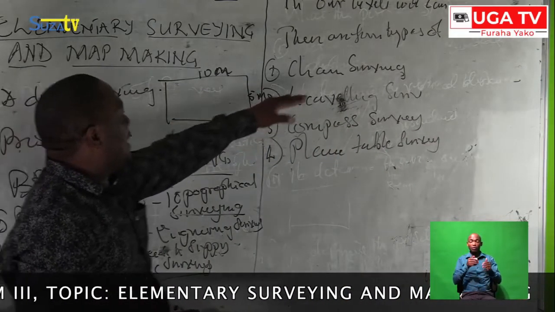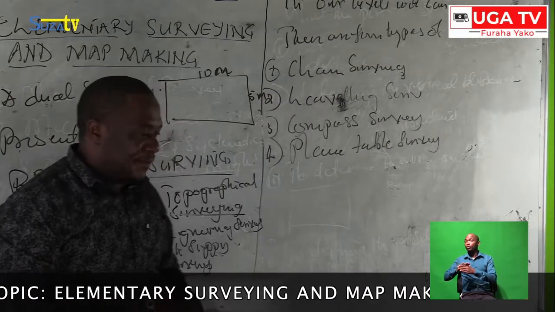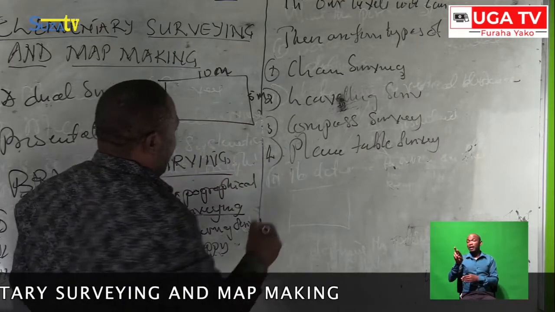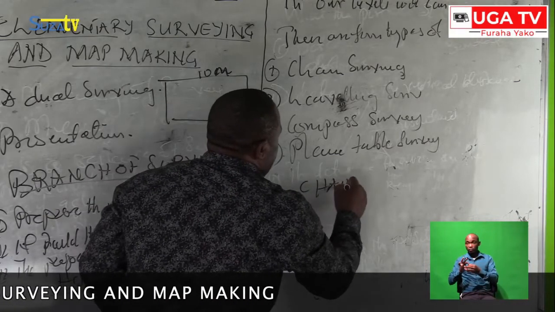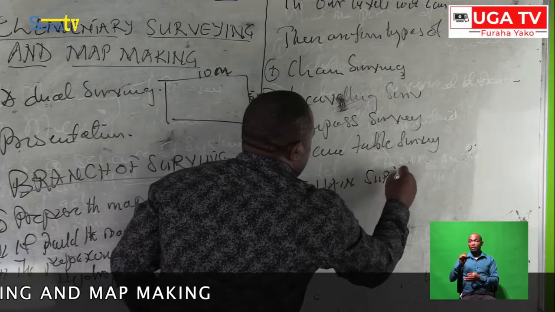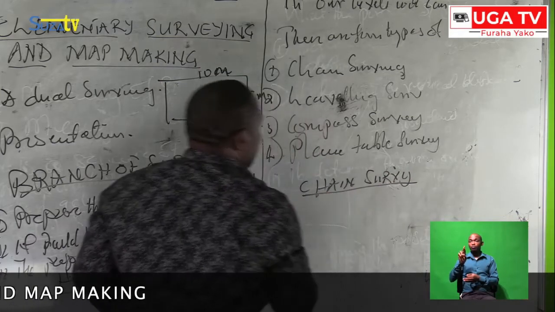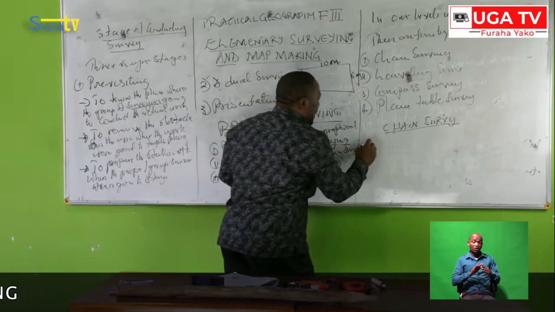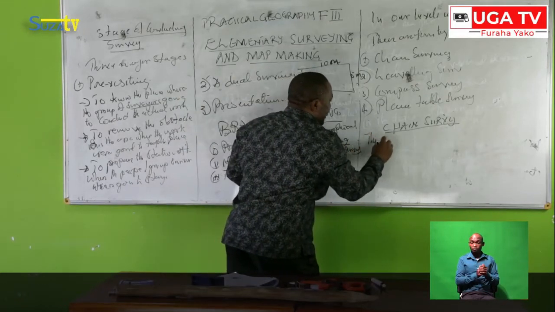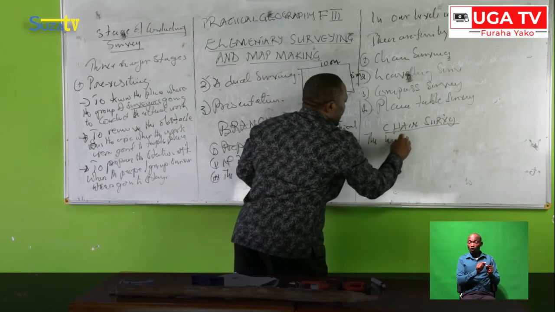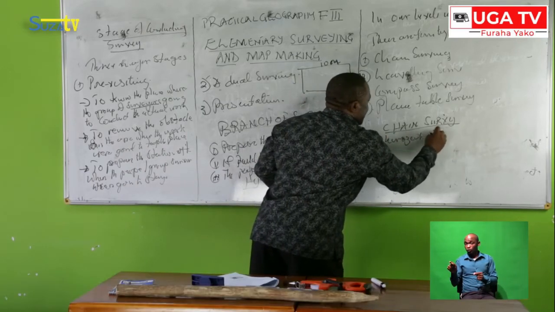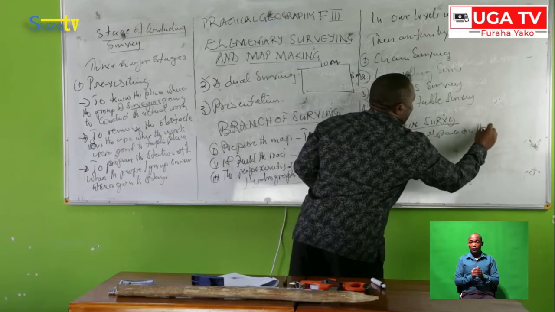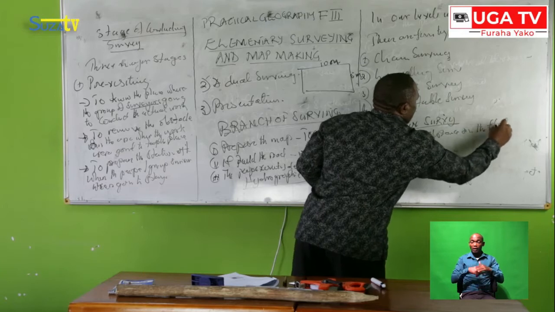So today we can begin with chain survey. Chain survey is a type of survey used to measure horizontal distance on flat land.